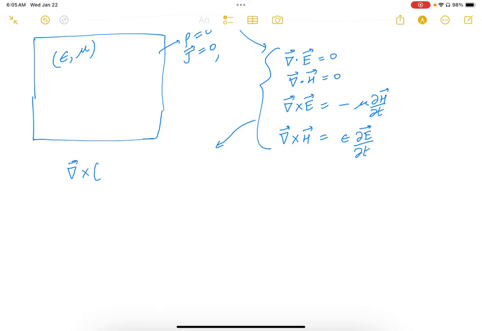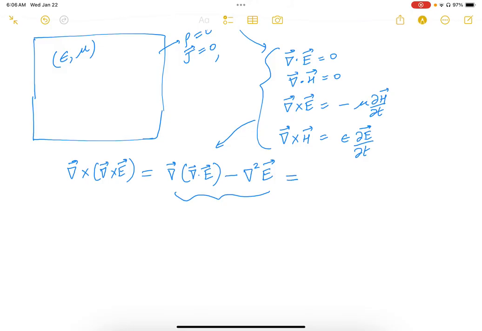So if you do a curl on the curl of the electric field, then from a vector identity, we know that this is just the gradient of the divergence of the electric field minus the Laplacian of the electric field. You can refer to any vector calculus book for how this comes about, but this is just a vector identity.